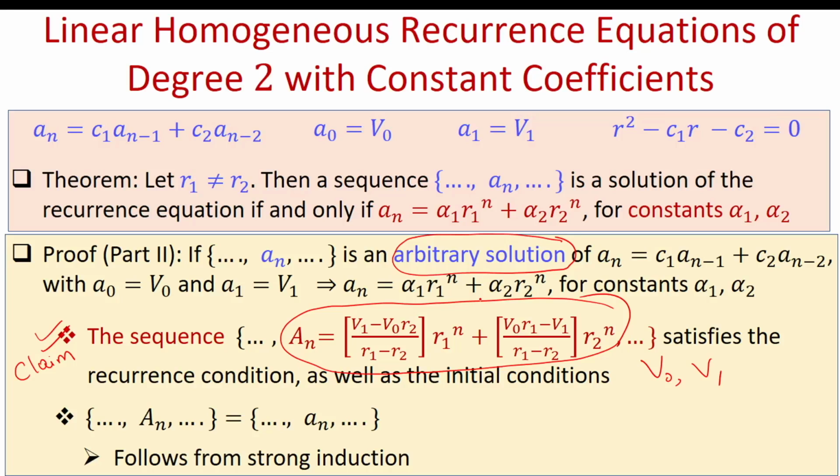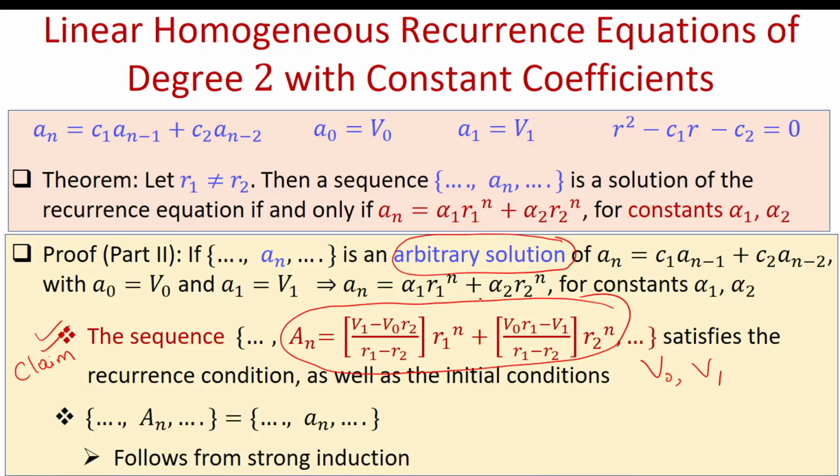And now both these two sequences are the same because, as I said earlier, I can't have two different sequences with the same initial conditions but different nth terms, simultaneously satisfying the recurrence condition. That can't happen.